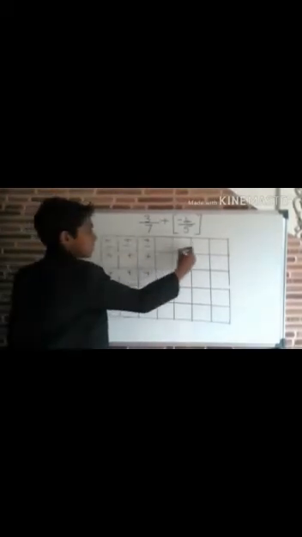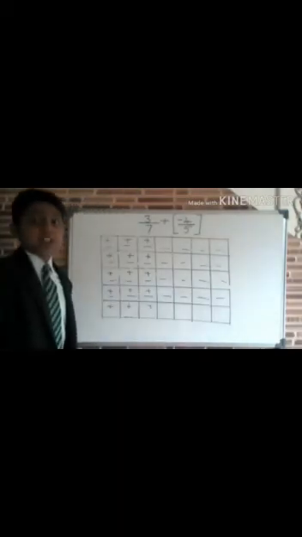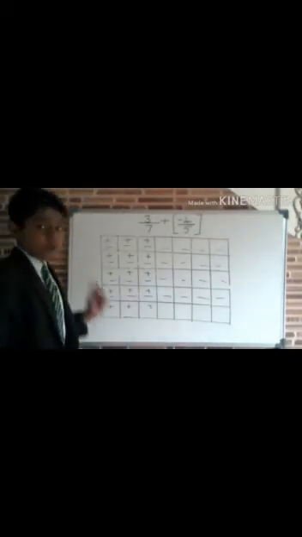And we should put my negative sign in 4 rows. Minus, minus, minus. And I've finished putting negative signs in 4 rows.